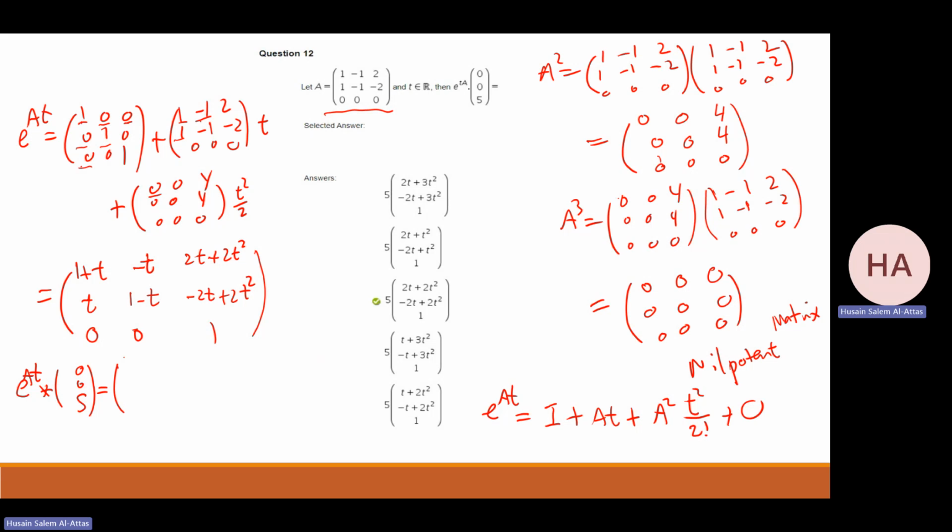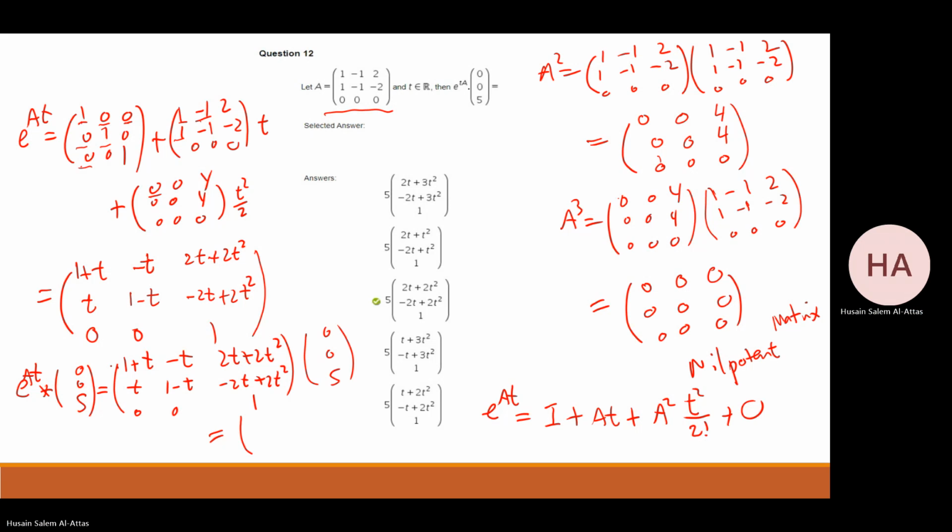Let me do it in detail. First row gives just the last column times 5, 2t plus 2t squared.